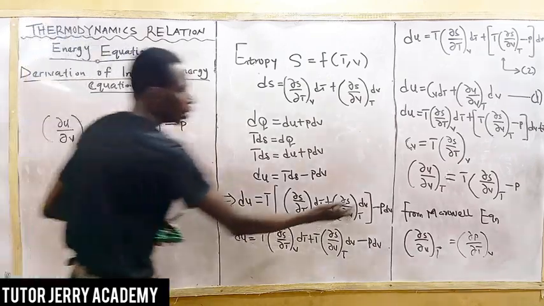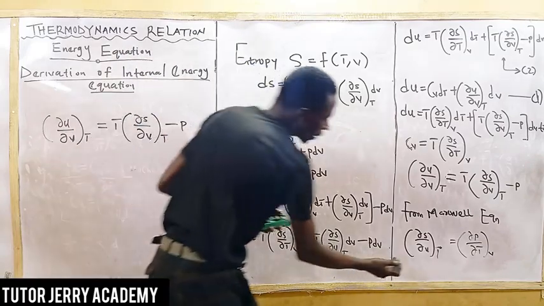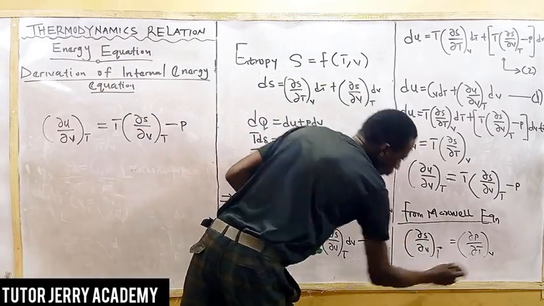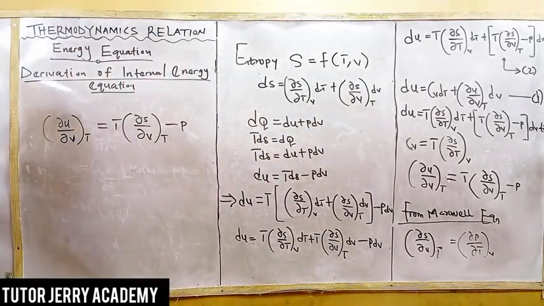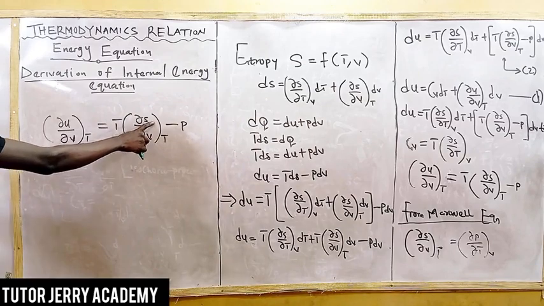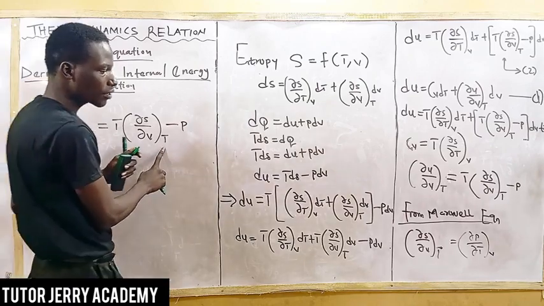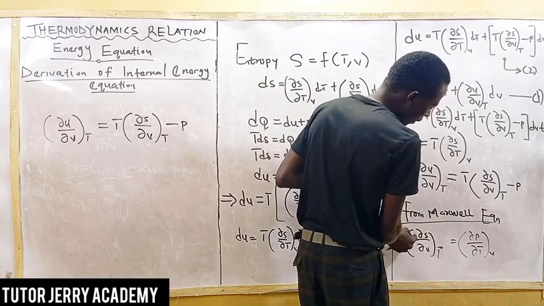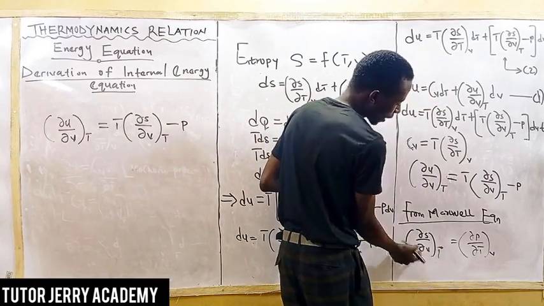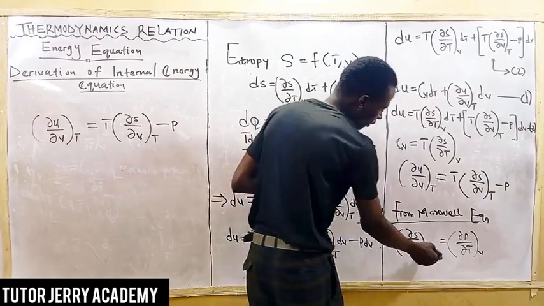So this is what we have. Next, as we said earlier, we are going to be comparing this Maxwell equation, which we proved in our previous video, with this. If you look at this equation, we have the partial derivative of s over the partial derivative of v, keeping t constant, here and also here.